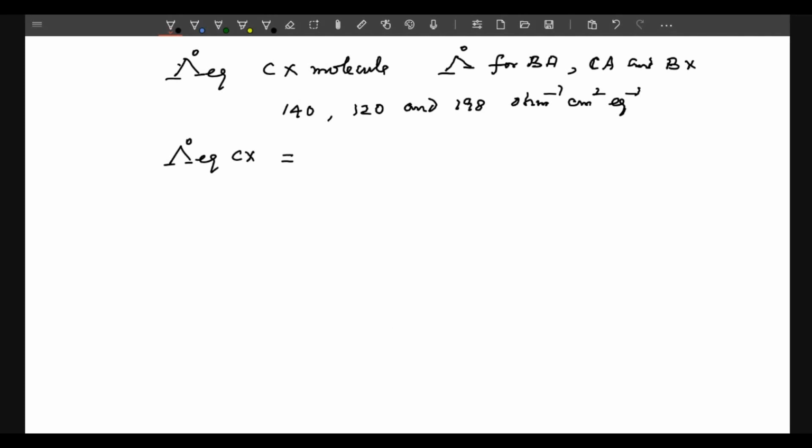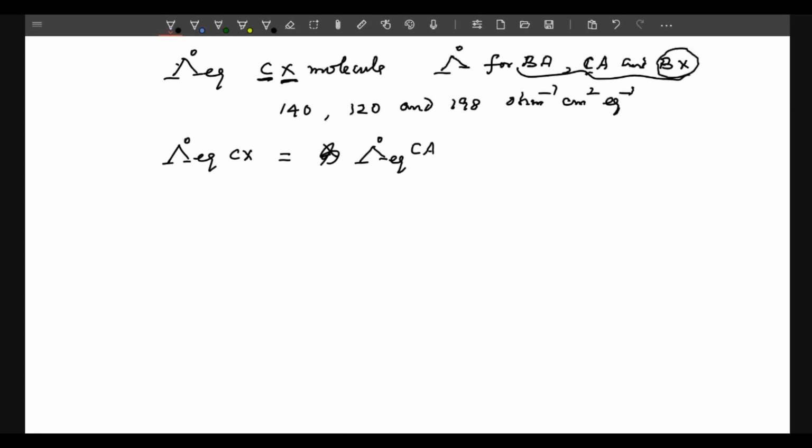Here the CX is formed by making use of these. C is present only in CA. Therefore, all being electrolytes, lambda naught equivalent of CA should be taken. Then you should add the equivalent conductance of the molecule having X, which is present in BX.